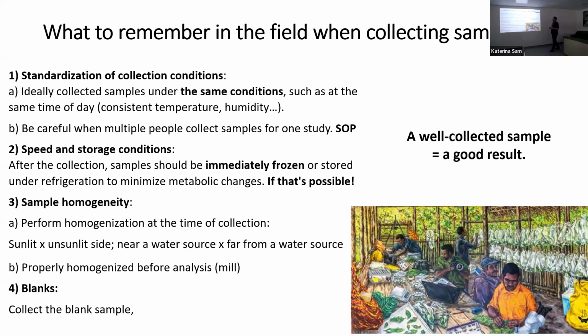Next is the homogeneity of the sample, which is a really big problem. If, I don't know, we have four trees for sampling, and one is very near the river and the second is very far from the river, typically we measure a very nice separation of the samples, but based on this, not on your experiments.